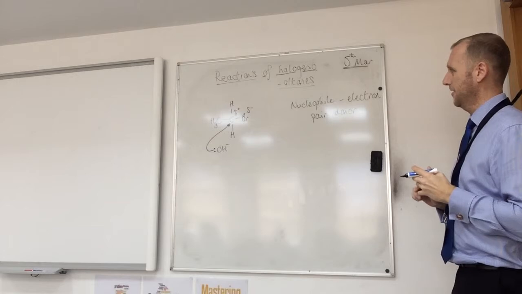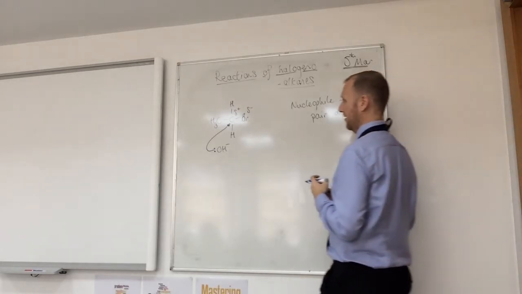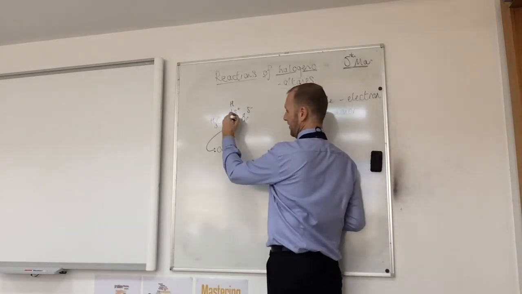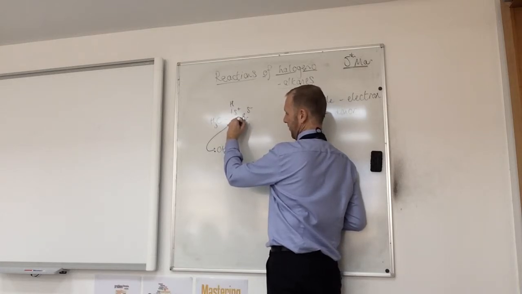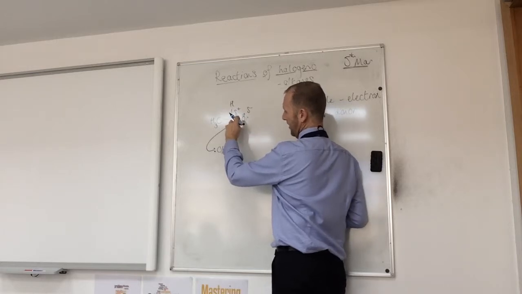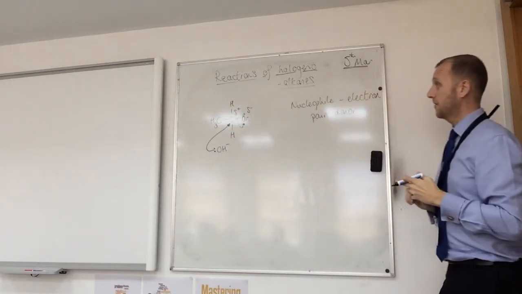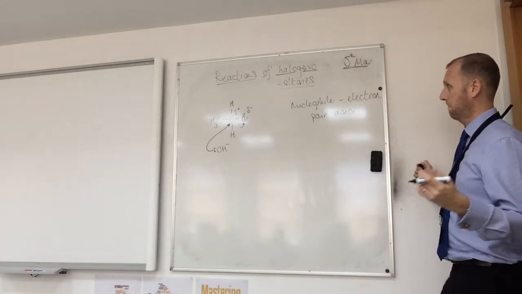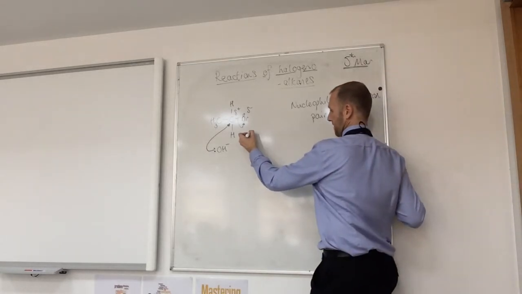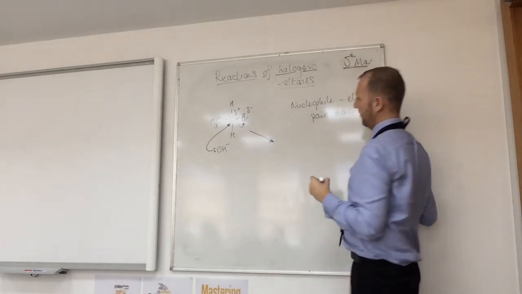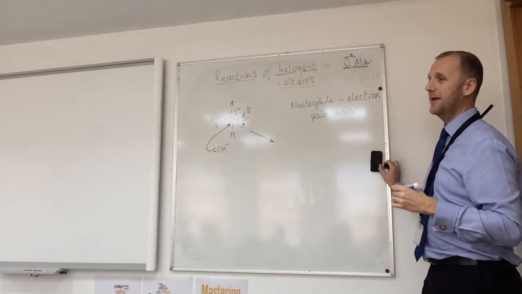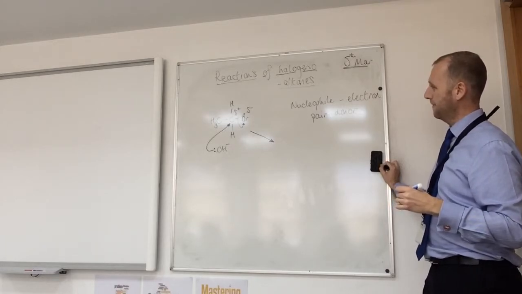Love my curly arrows. When that happens, this bond, C to Br, can break. So we show the electrons moving from the bond to the Br. I'll do my arrow down because I don't want to get in the way of my definition of a nucleophile.